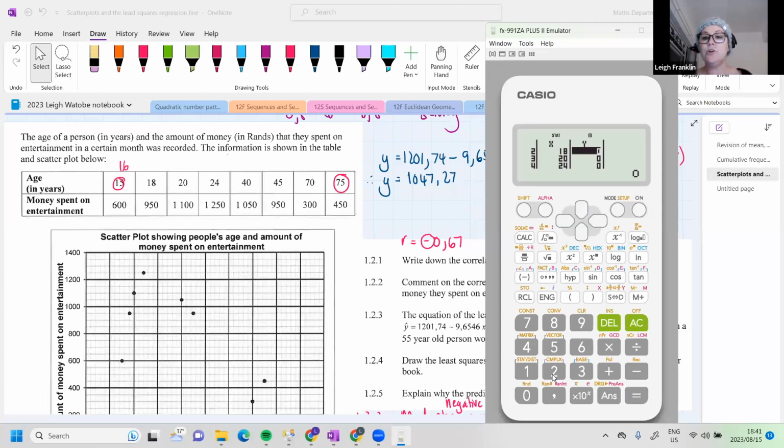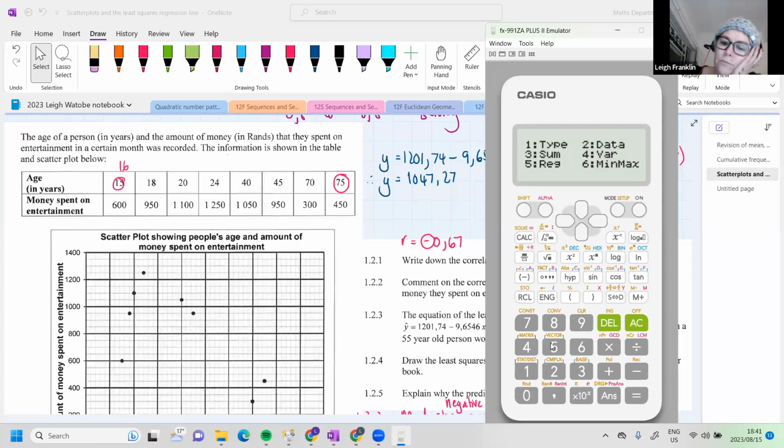And then we're going to scooch over and go up here, and we're going to put in 600, 950, 1250, 1050, 950, 300, 450. Okay, all yours again. After that, we're going to press AC. And then we're going to go to Shift 1.